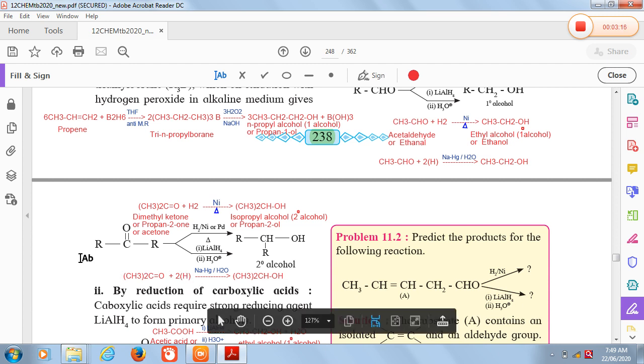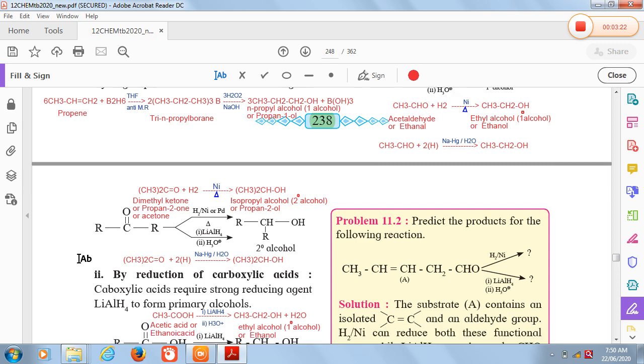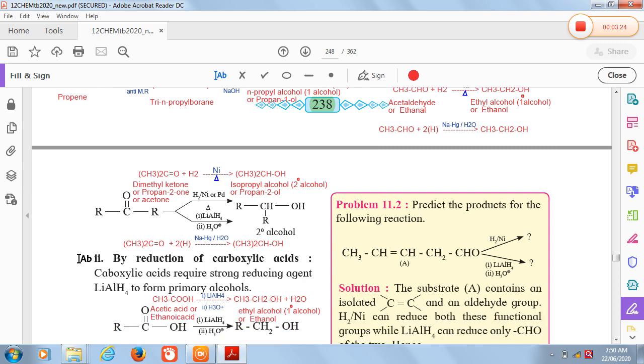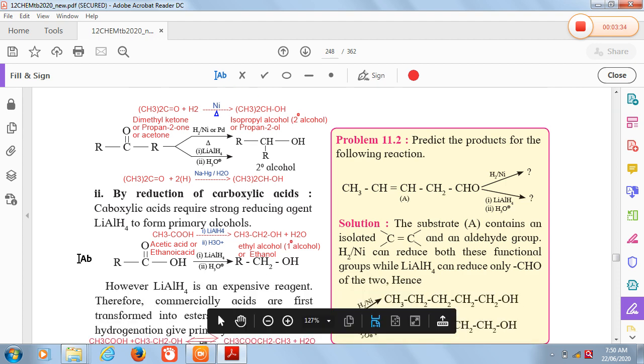So this is about the conversion of aldehydes and ketones to alcohols. Then we can try other aldehydes and ketones and write down the product, whether we obtain a primary or secondary alcohol. The next reaction is also a reduction.